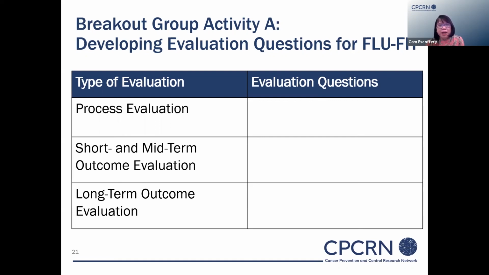So you kind of have to know the length of your program in terms of timing of the indicators for short-term and long-term. So hopefully that gave you a little bit of a chance to work through the different types of process and outcome evaluation.